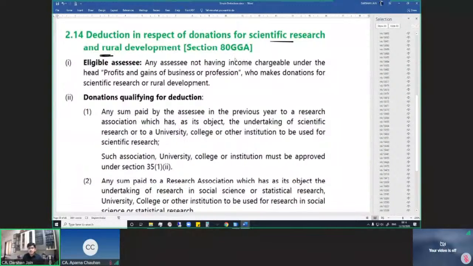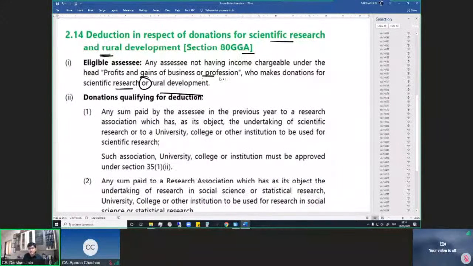Similar to that, those who couldn't claim deduction under the head of profits and gains of business or profession would claim it again here under Chapter 6A under section 80GGA. Any assessee not having income chargeable under the head profits and gains of business or profession who makes donation for scientific research or rural development, right? So he shouldn't have income under the head of PGBP.